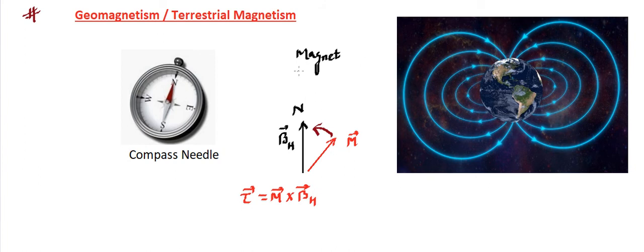The physics behind it is that this needle behaves like a bar magnet, so it has a magnetic dipole moment, and the earth has its own magnetic field pointing towards north. This magnetic field causes a torque on the needle, and this torque causes the needle to rotate and align in the direction of north. Hence the north direction is clear.